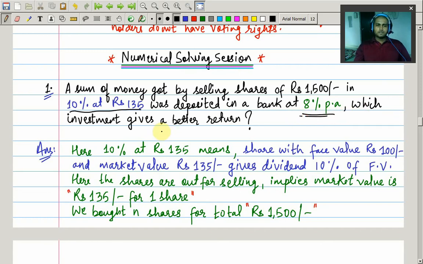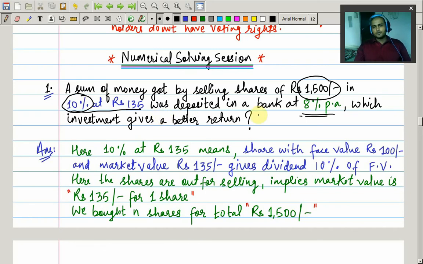Which investment gives a better return? So in the first type of investment, I'm investing 1500 in shares, which gives me 10% dividend.